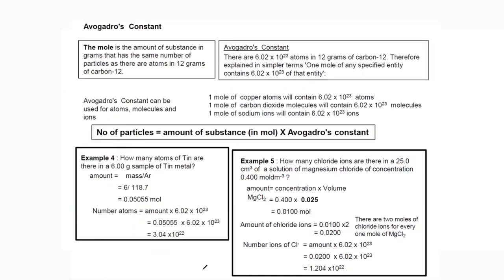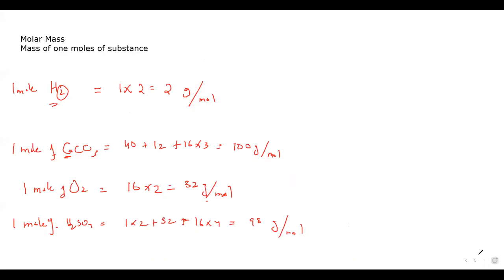In the same way we can use this to work out molecules and atoms. So if I say I have 22 grams of carbon dioxide, find the total number of atoms.